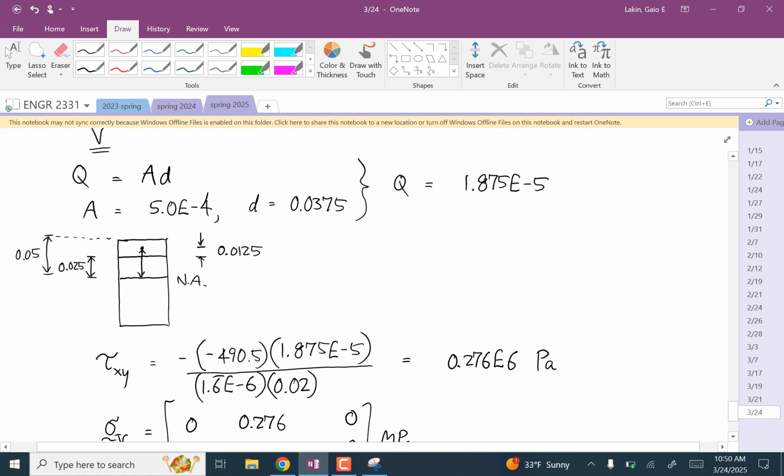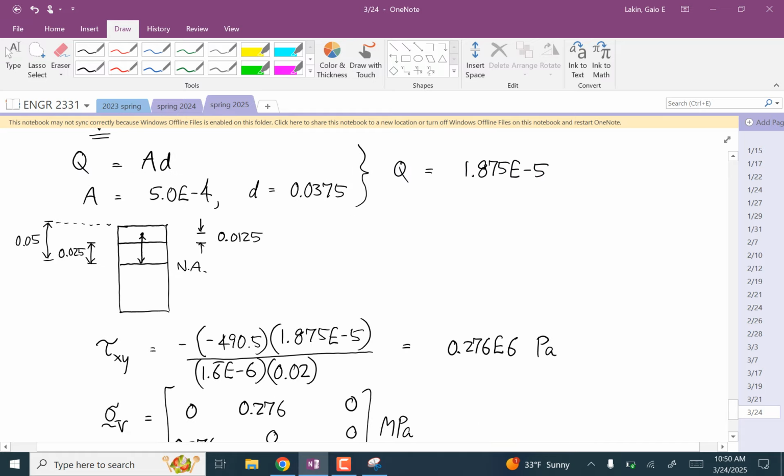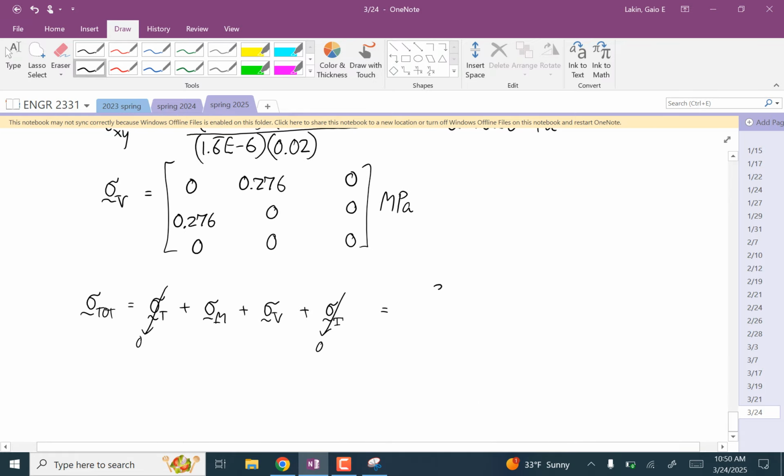And so we get 3.68, 0.276, 0, 0.276, 0, 0, and this is in megapascals.